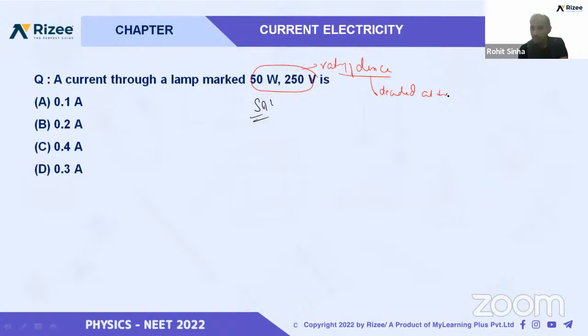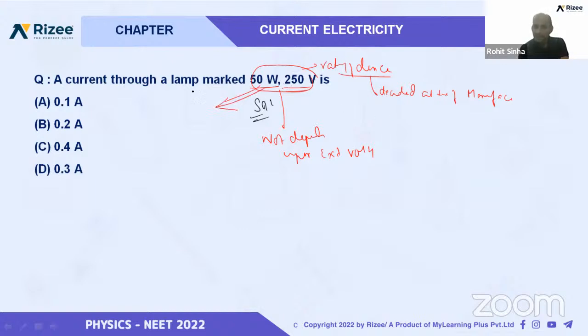They are independent of external resistance and external voltage. We can apply 220 volt or 250 volt, but it is telling that when we apply 250 volt, it will consume 50 watt of power. That is the meaning of it.